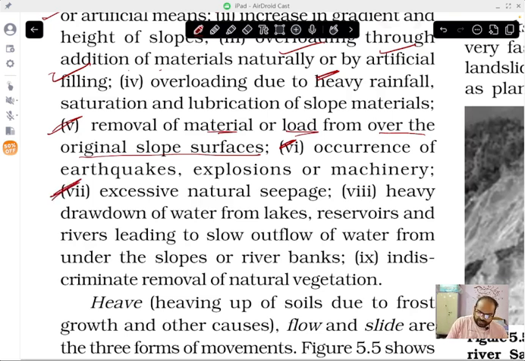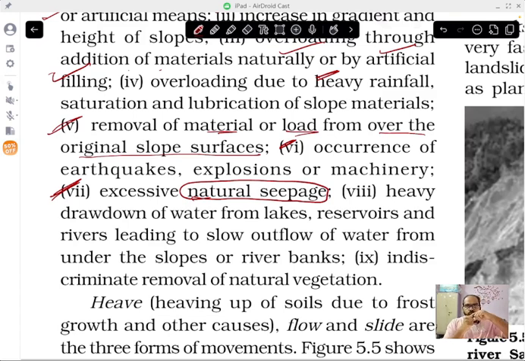Excessive natural seepage. Seepage means getting into. If the groundwater seeps into the rock materials, it decreases the internal resistance of the rock material. Those rock materials are solidified together.